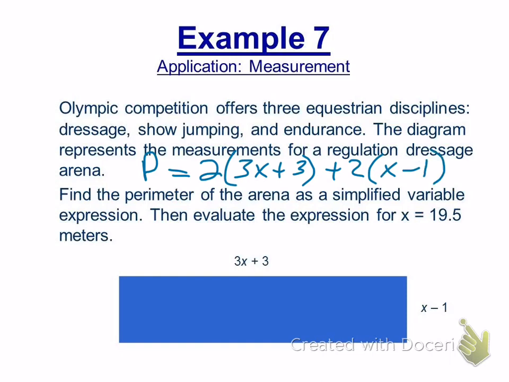Then you would substitute and distribute. It says to write it as a simplified expression. That means we get rid of parentheses and combine like terms. And then the last step, you would substitute 19.5 into your simplified perimeter expression to evaluate it. Any questions?